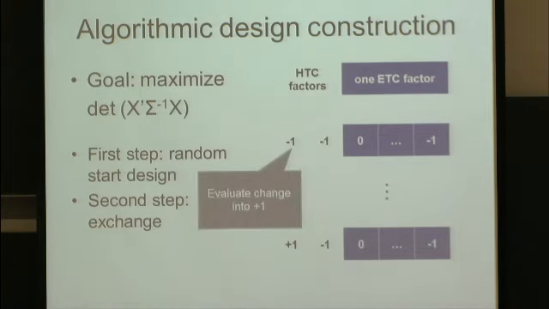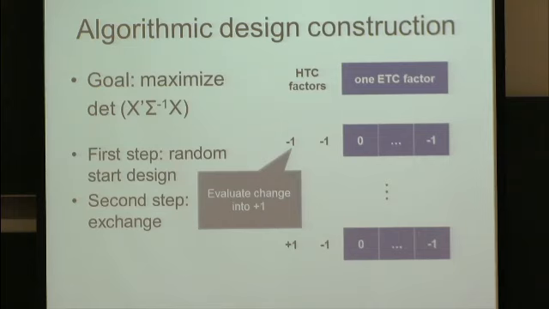Now, the algorithm proceeds as soon as this random design is generated by finding improvements to the determinant of the information matrix. So it tries to evaluate what happens if you change that -1 to a +1.